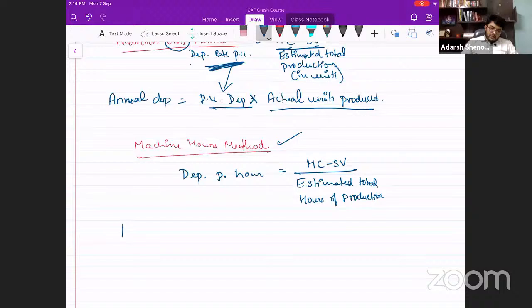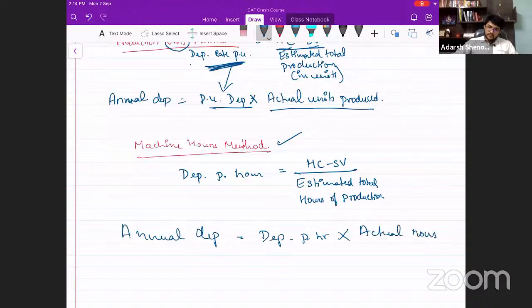Okay. Then to calculate annual depreciation, can you guess the formula? Now we have got depreciation per hour. What should we do with this? We have to multiply this per hour depreciation into actual hours used. As simple as that.